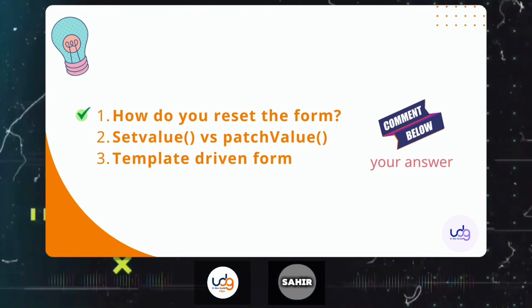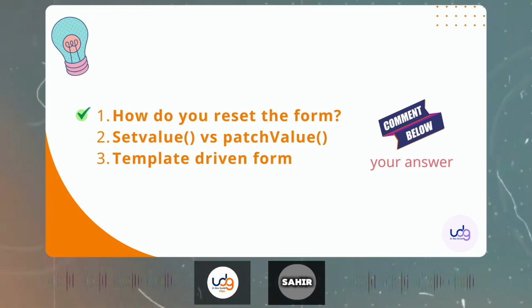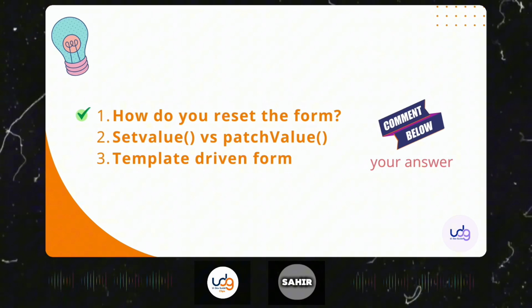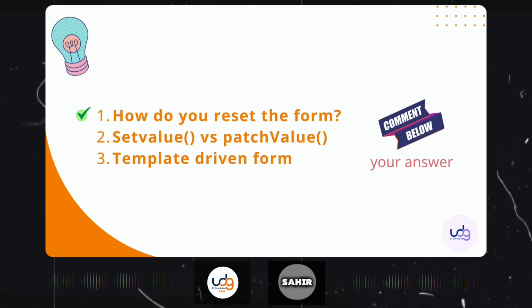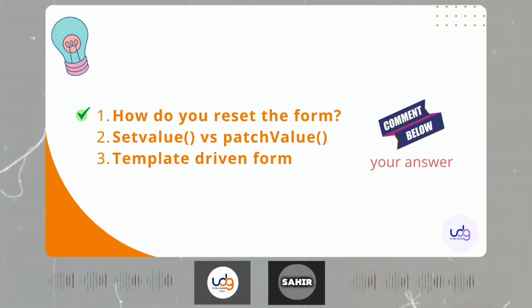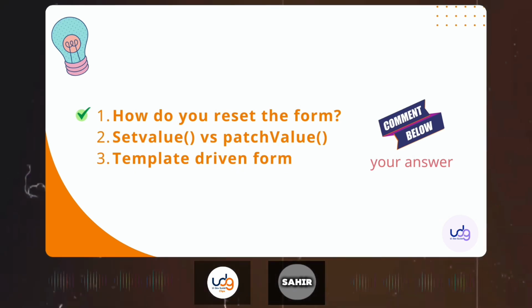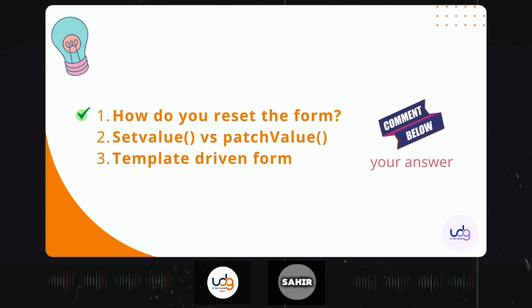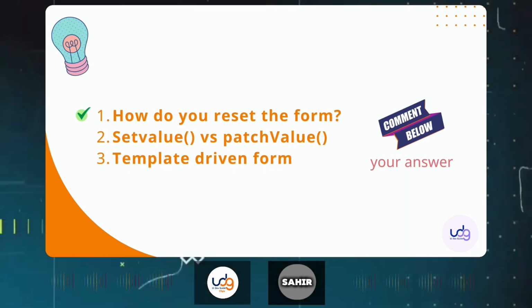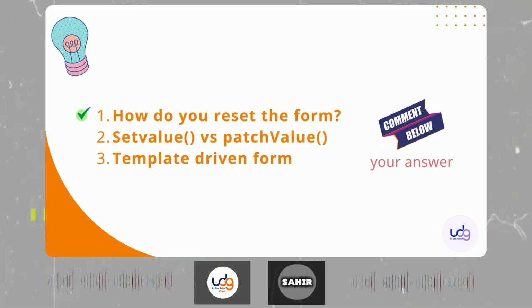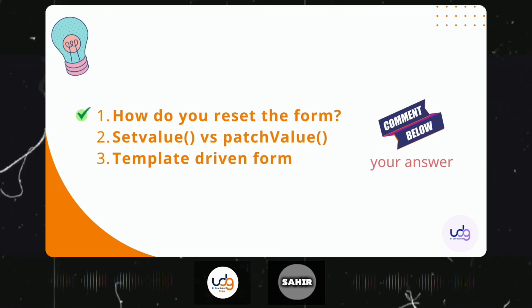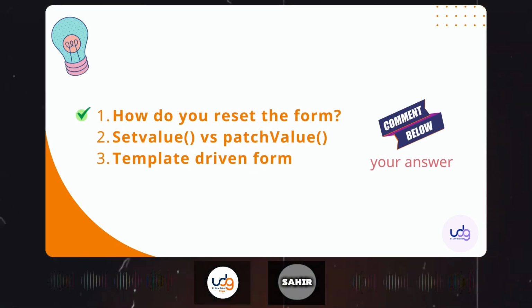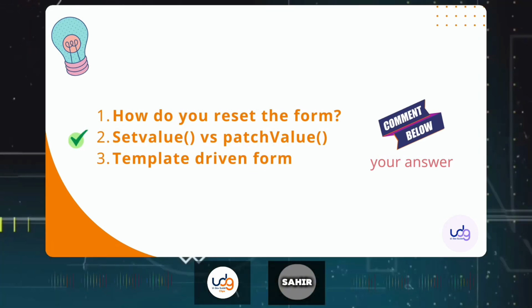With the ngSubmit, we are receiving something, and in that function we are going to perform it. Depending upon your situation, if you want to reset it or you want to just remove the values from one of the controls, you can control your form, correct? Because you already have all the form controls in your TS file, correct? You have the object of the form, so you can perform anything over there, correct?